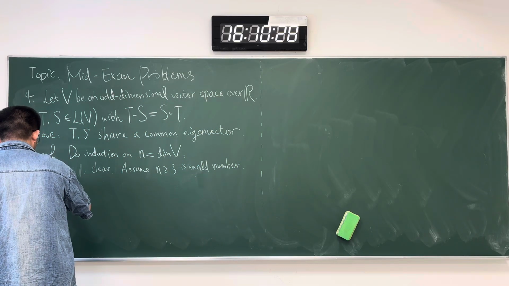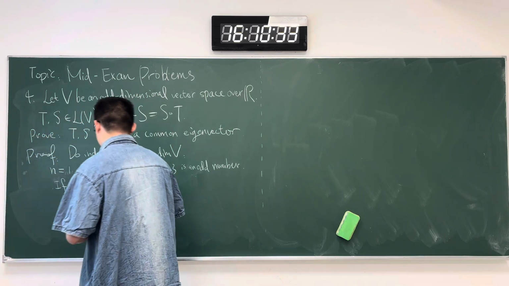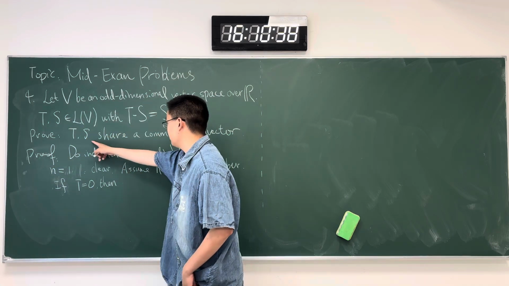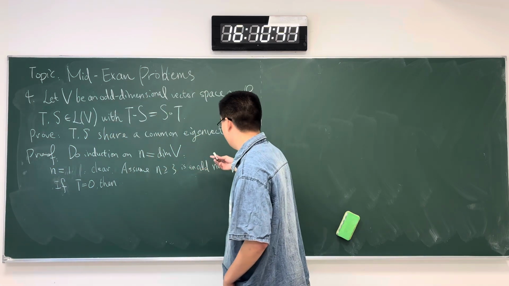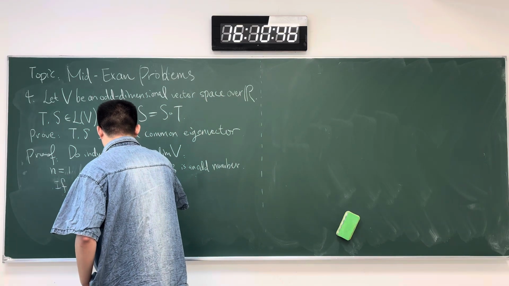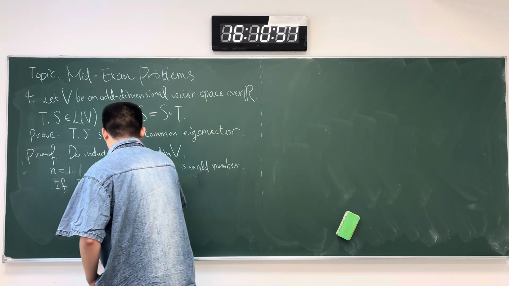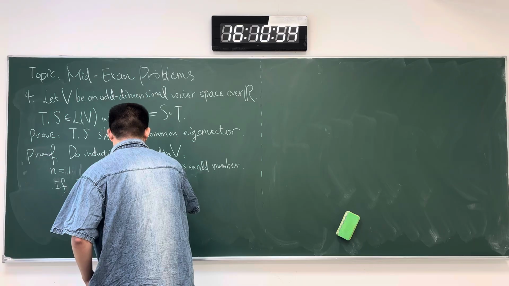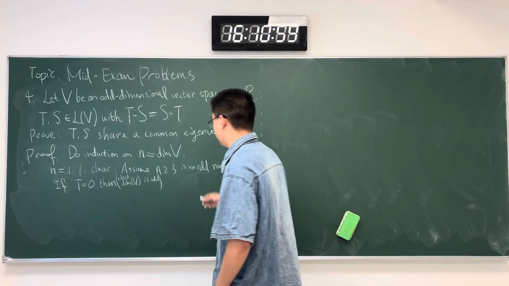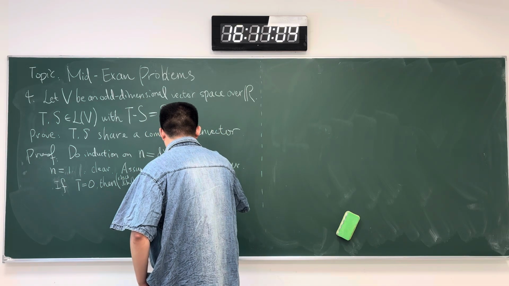Say, for example, if T equals 0, then we only need to consider S, since any non-zero vector will be an eigenvector of T. Since the dimension is odd, there exists a real eigenvalue of S, which corresponds to an eigenvector.